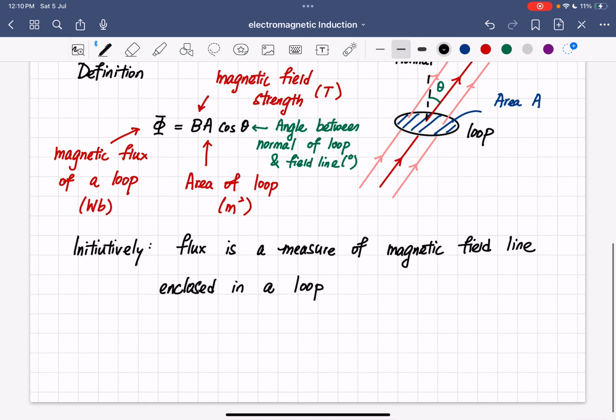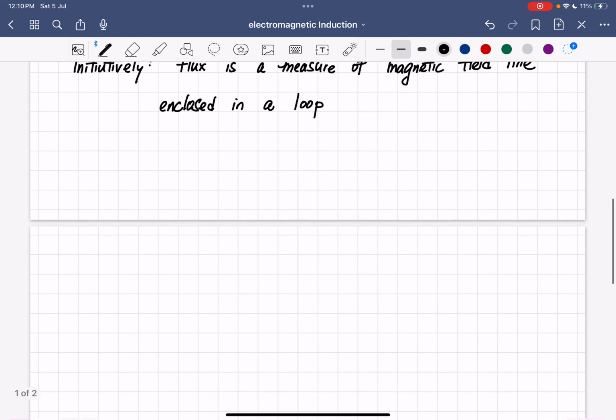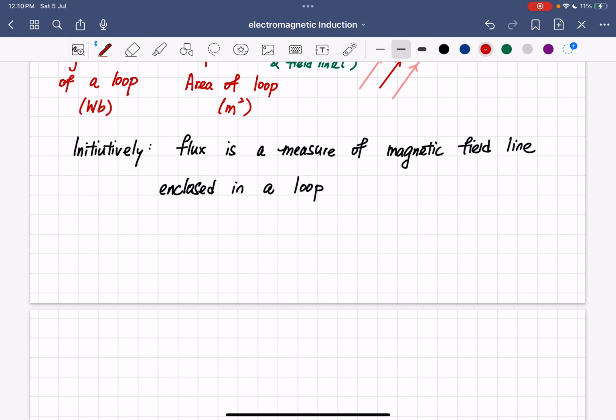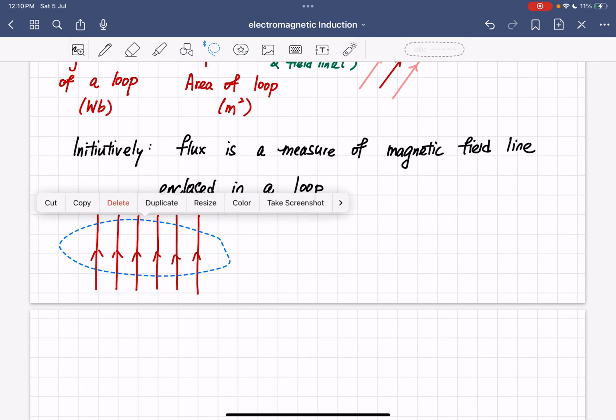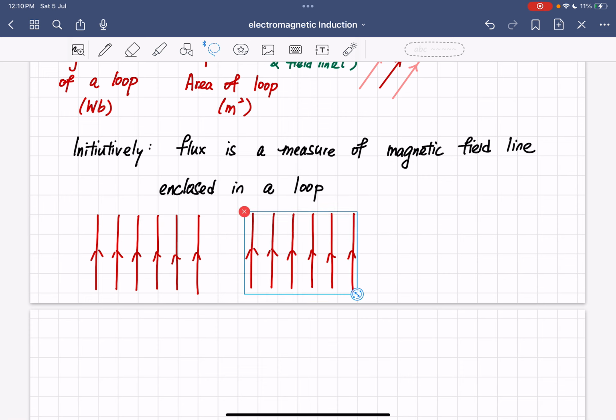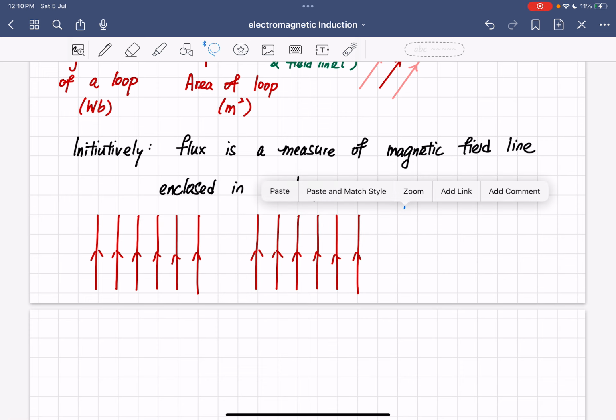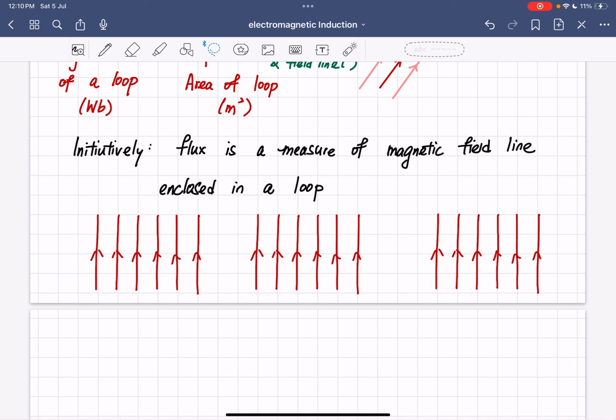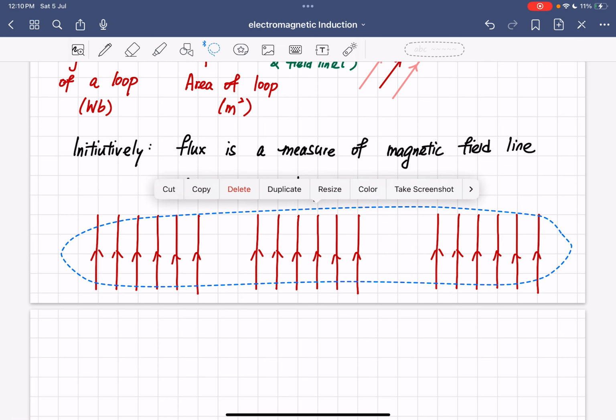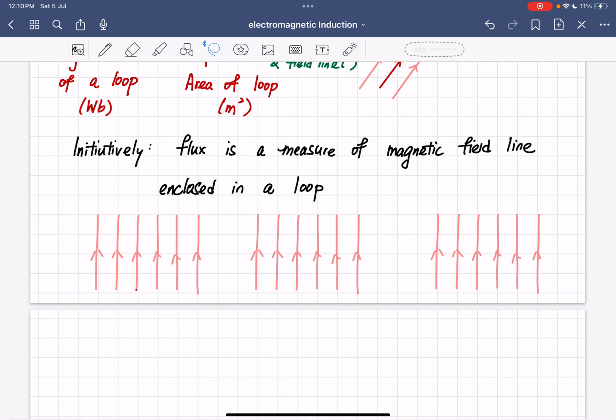So for example, I have a region of magnetic field lines, and then I can have different loops present. I introduce different loops.